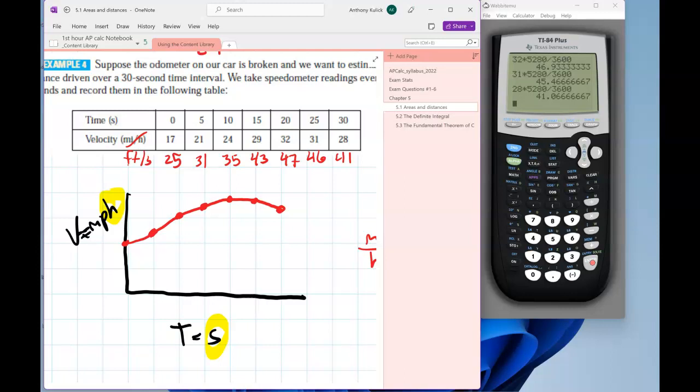So keep in mind the height for this region is in feet per second, and the base is in seconds. So when I multiply these two things together, what unit am I going to be getting?